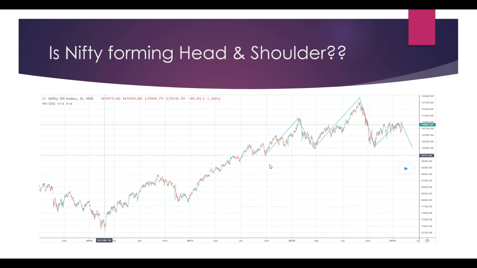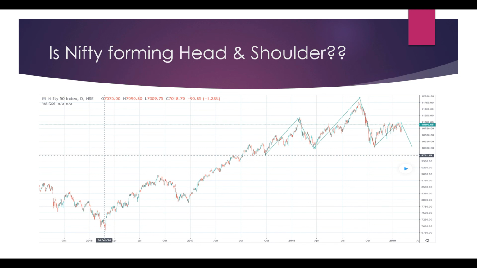Now this is just for your own analysis. You can get into further analysis and understand how head and shoulder patterns are formed, and what all things you can trade on. But for your analysis, can we look at Nifty going below 10,000 in the next 6 months?